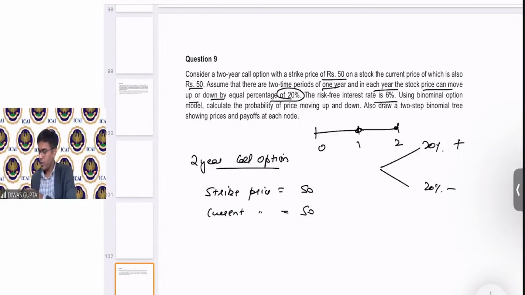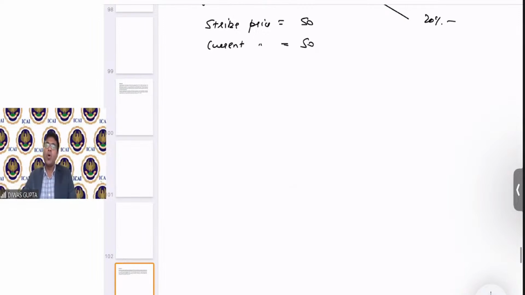First of all, they're asking us to calculate the probability. Let's first actually draw a decision tree.